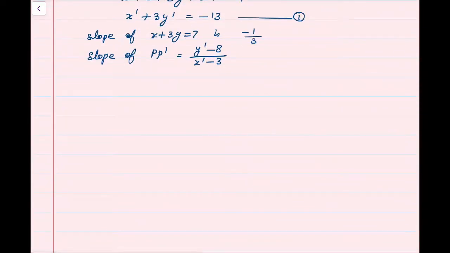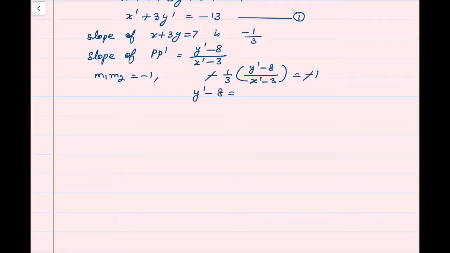Now these two are perpendicular lines, so m1 m2 should be -1. (-1/3) times (y' - 8)/(x' - 3) should be -1. Therefore, y' - 8 is 3 times (x' - 3), so 3x' - y' is equal to 1. This is our second equation.